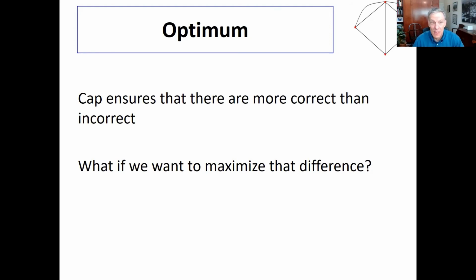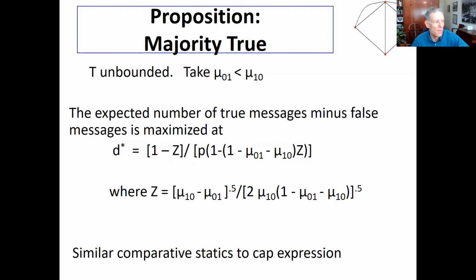So instead, I could shrink the cap further and maximize the expected number of true minus false messages. That is maximized at a particular degree, and you can calculate what that degree looks like.